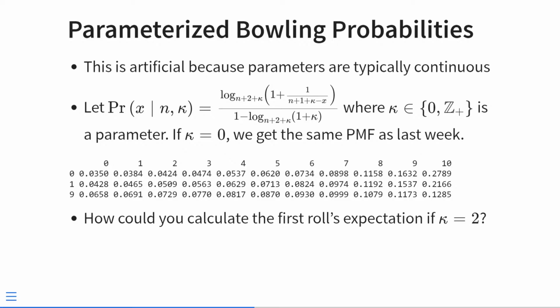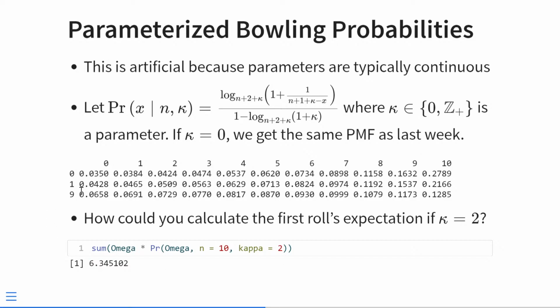So how do we calculate those expectations? Ancient way. What's it start with? Sum. What goes in the sum? Omega times the probability. And we get the probabilities in this case by evaluating our PR function at omega, n equal 10, because this is the first roll, and we're conditioning on kappa equal 2.